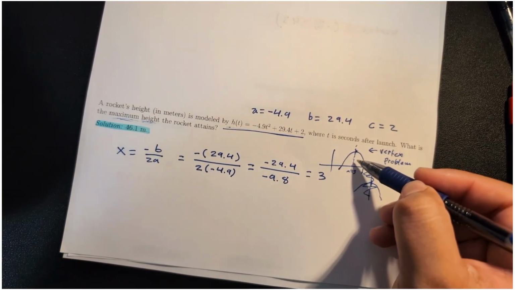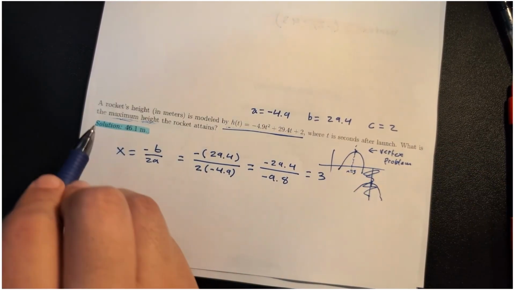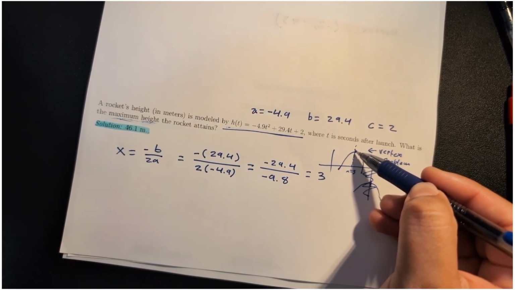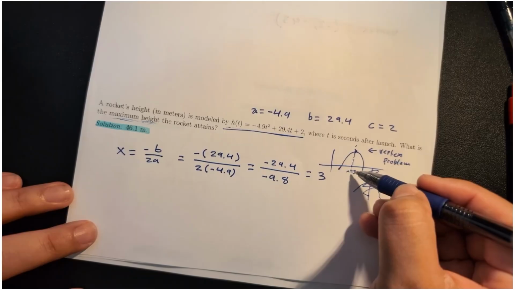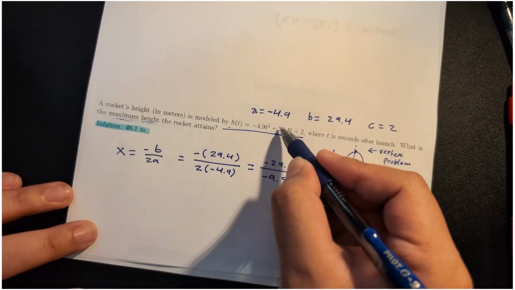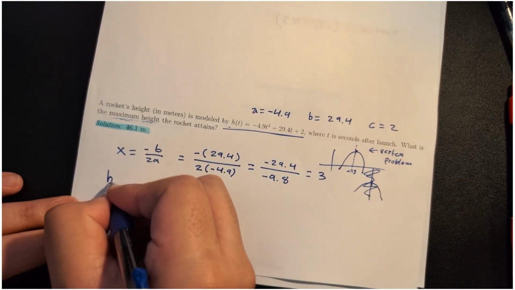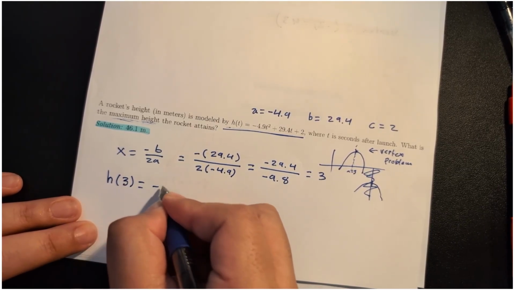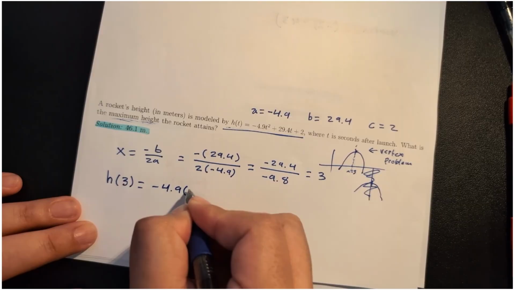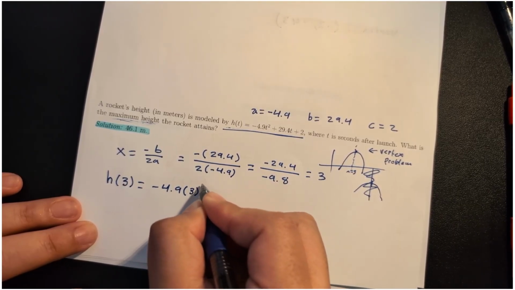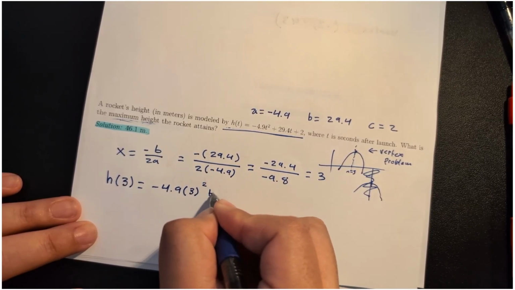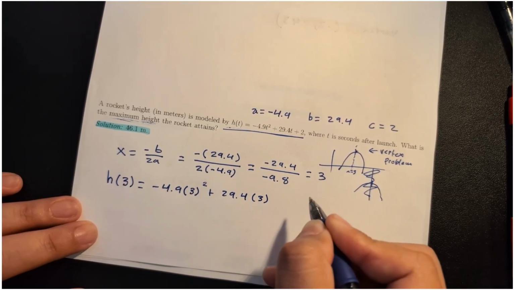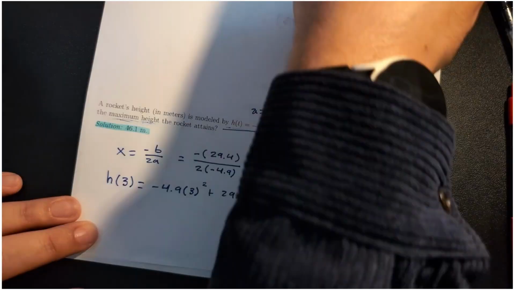So now we know the x value of our maximum height. Now we have to figure out the height of our maximum height. So to find that, I just plug in 3 into my quadratic. So h of 3 is going to be negative 4.9 times 3 squared plus 29.4 times 3 plus 2.